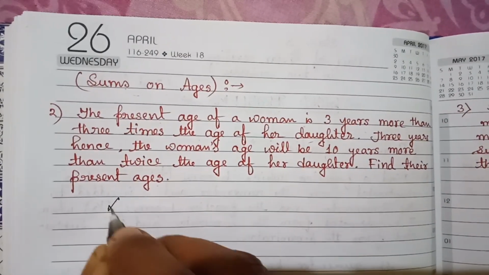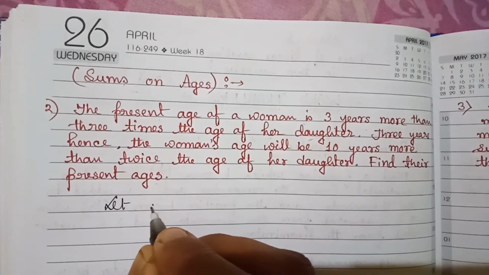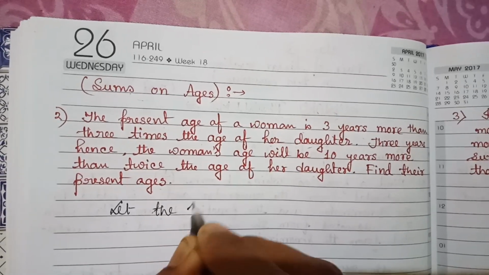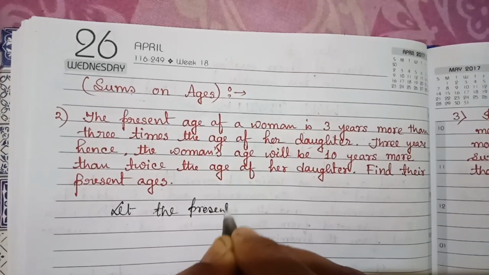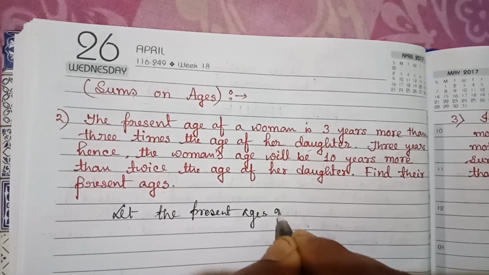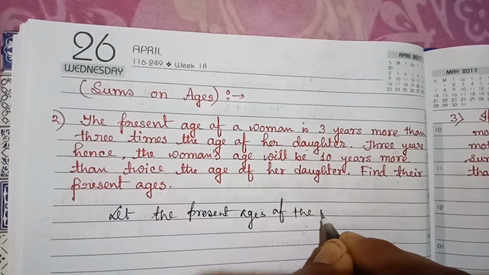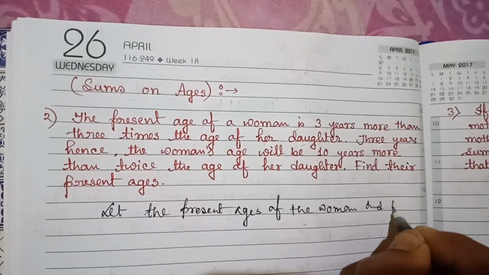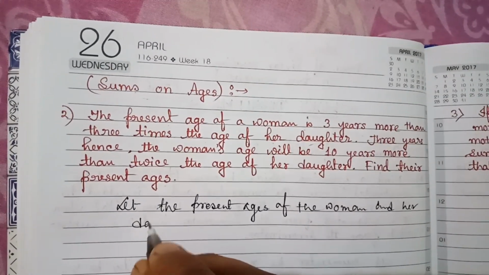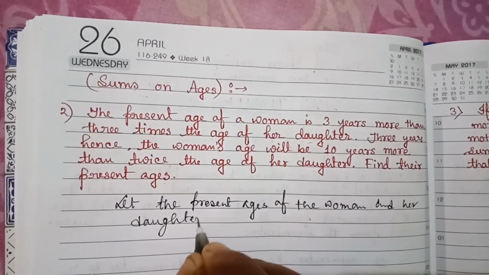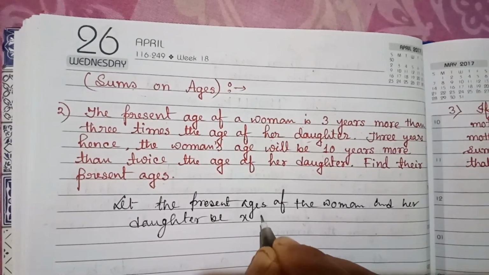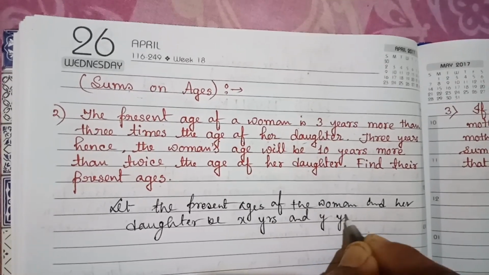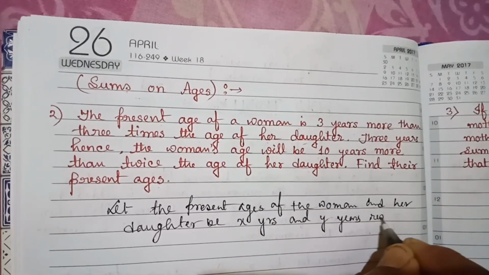So we will assume that let the present ages of the woman and her daughter be x years and y years respectively.